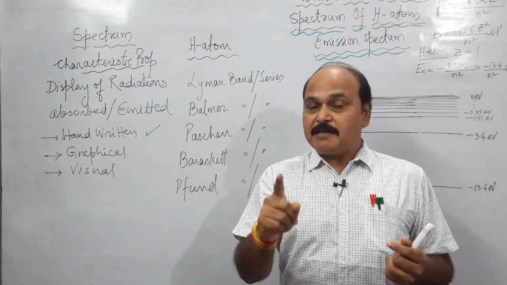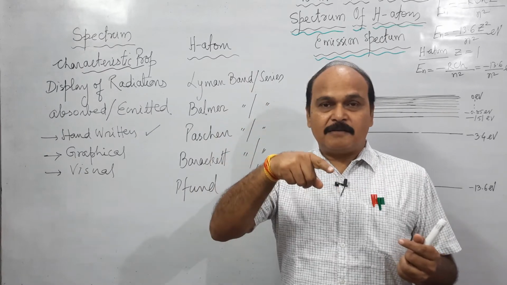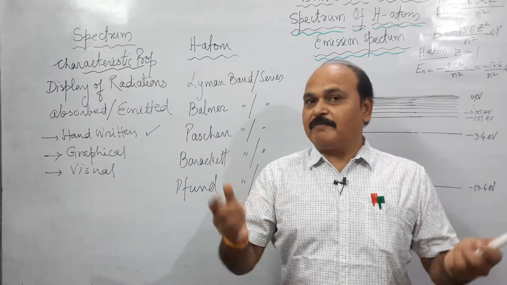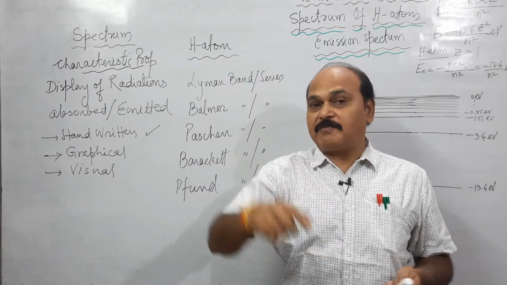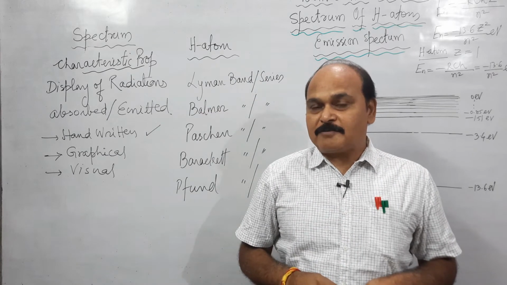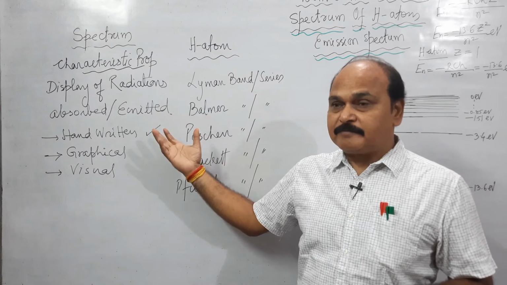For every wavelength emitted or absorbed, we draw a line. The distance between the lines represents the difference of the frequency or wavelength, and the length of the line represents the intensity of that particular wavelength or frequency. So this is the graphical display of spectrum.